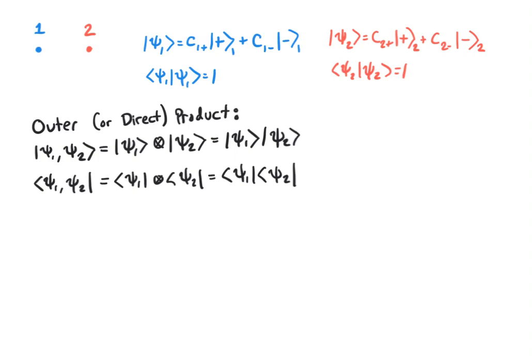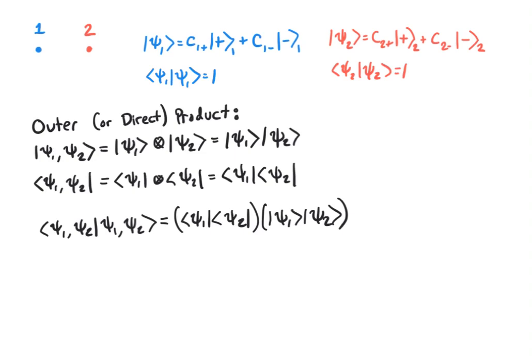So if I want to write down the inner product of our combined state with itself, it ends up simply being the inner product of psi 1 with itself times the inner product of psi 2 with itself. And again, this is because psi 1 and psi 2 are expressed in terms of different vector spaces entirely.